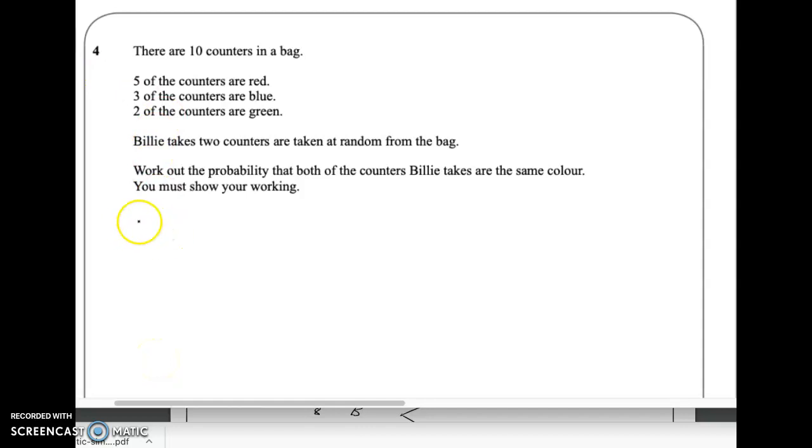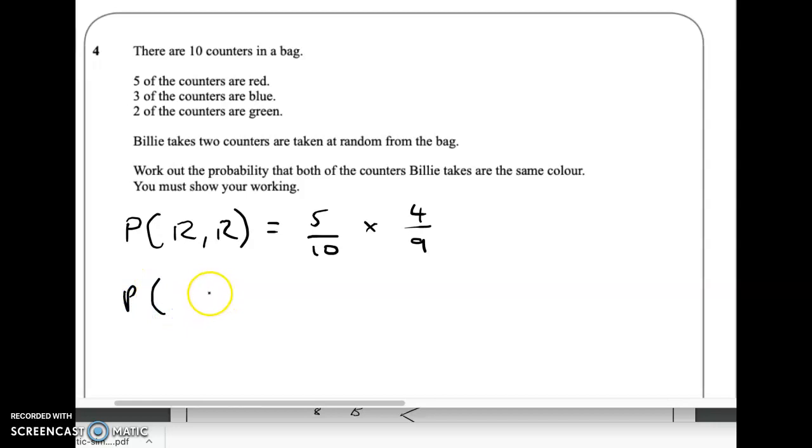Same color, so the probability is going to be red and red, which equals 5 over 10 times 4 over 9. It could be the probability that it's blue and another blue, which equals 3 over 10 times 2 over 9.